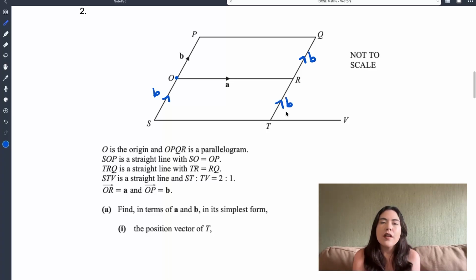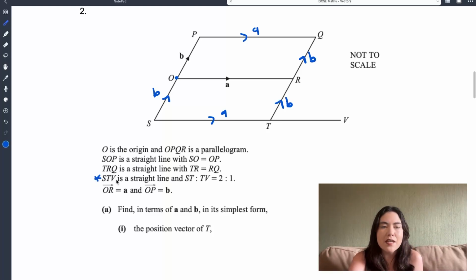Now, if you look closely at the diagram, you've probably already figured out that these two are also A because it is a parallelogram and these lines are parallel. Again, take note of the direction of the arrow.